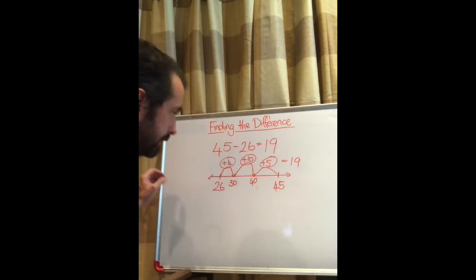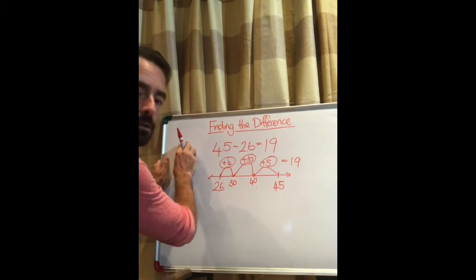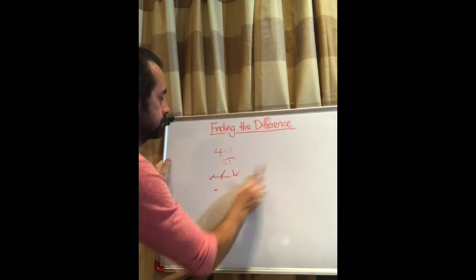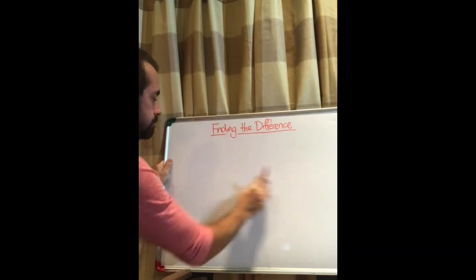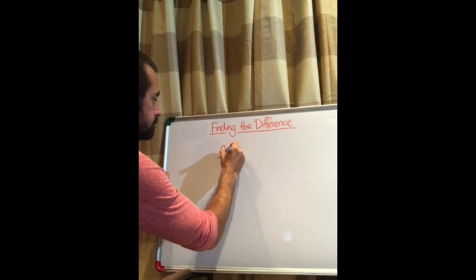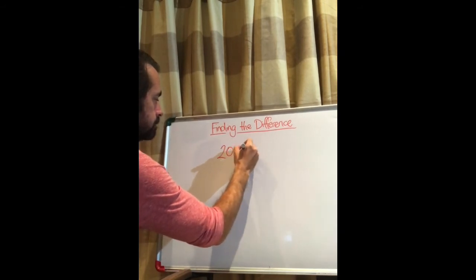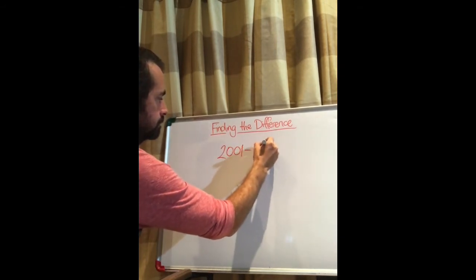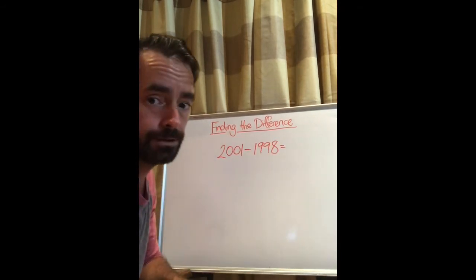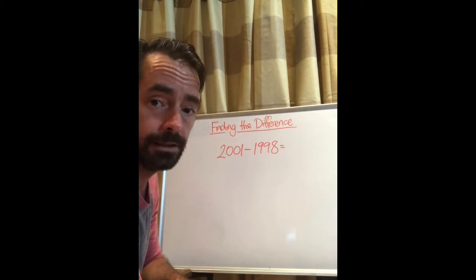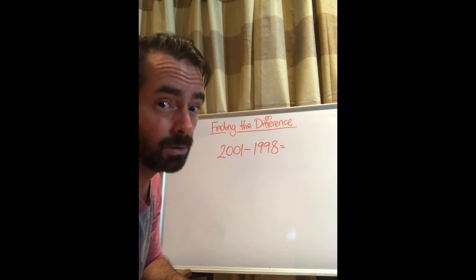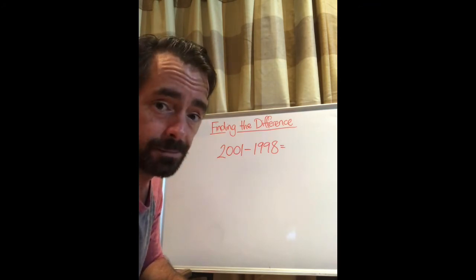Let's try something a little bit trickier. Oh my goodness, this is quite a problem, and surely it's going to be quite tricky. I mean, look at those great big numbers.